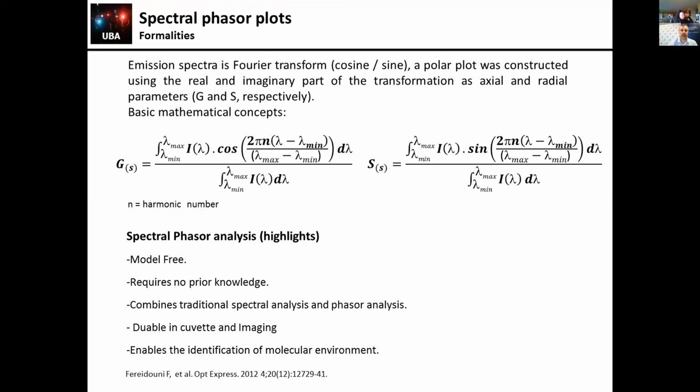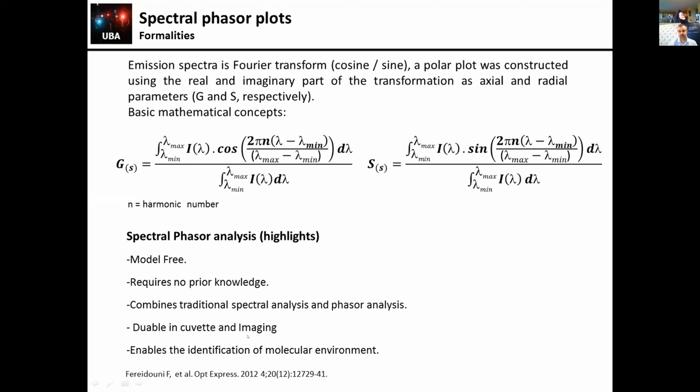And this is important. What are the advantages, or the highlights, of the spectral phasor? Well, it's model-free, as Enrico said, and does not require previous knowledge, and we will see that this is very important for some applications. It can be done in cuvette and imaging, and it combines the classical analysis of mixing with the new phasor analysis.